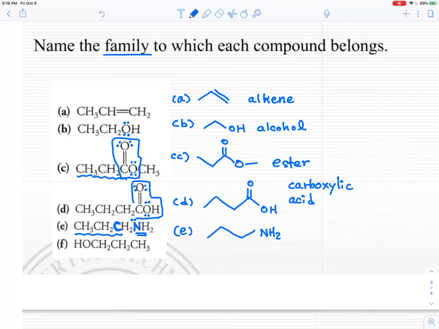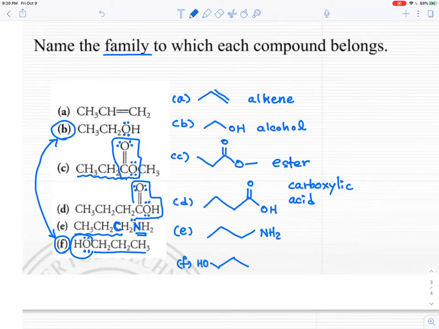The last one here just looks different, but it has lone pairs. This 3 carbon molecule is connected by OH. If you look at ethanol, this is propanol, essentially the same class of compound. So F, I can draw the other way: 1, 2, 3, and you can put HO here.